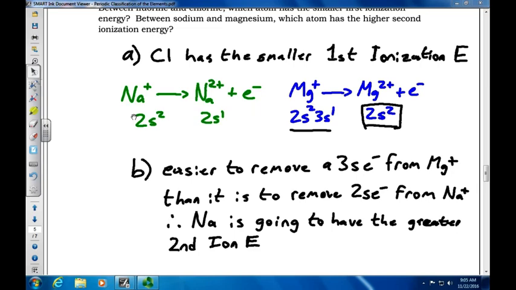You could skip all this stuff about your 2s electrons and your 3s electrons, and just recognize that sodium wants to be +1. It doesn't want to be +2. And magnesium wants to be +2. So magnesium would have an easier time ionizing to that second level than sodium would. You can rationalize it in that sense as well.